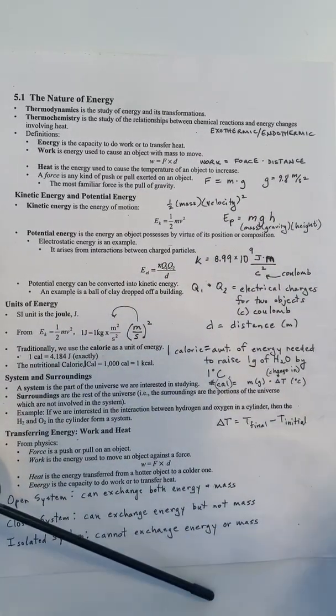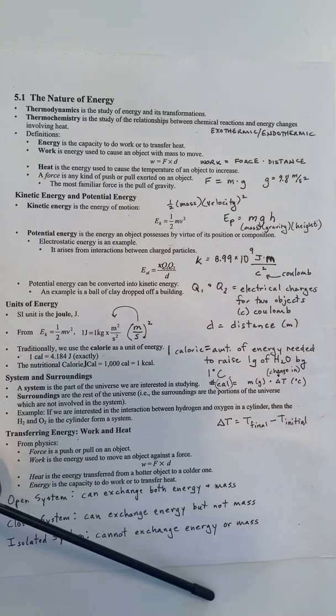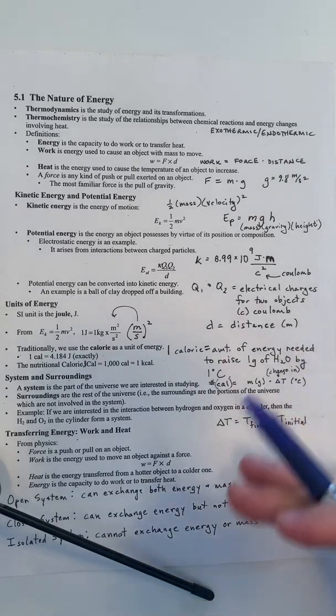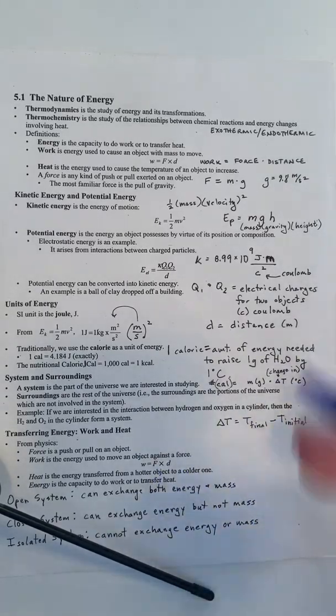So for example, say you have 50 grams of water, well, 50 grams of water is going to have a different energy amount than that same 50 grams of water frozen as ice. So they literally contain different amounts of energy. So the state of matter is going to influence the amount of energy that a reaction either has coming into it or going out of it, and so on and so forth.